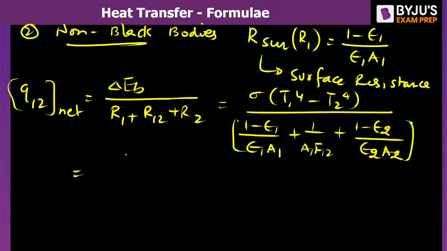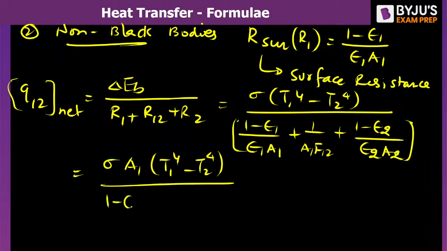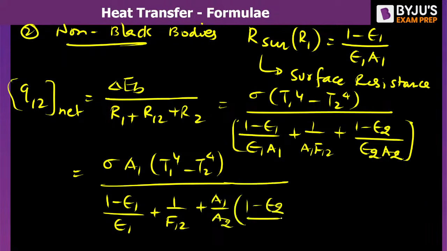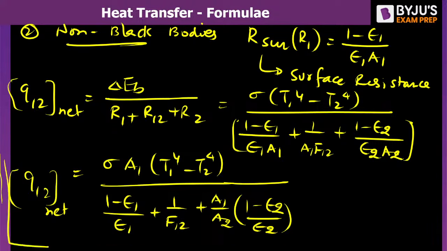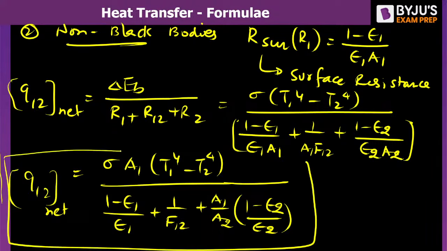Or we can write it as sigma into A1 into T1 to the power 4 minus T2 to the power 4 upon 1 minus epsilon 1 upon epsilon 1 plus 1 upon F1 to 2 plus A1 by A2 into 1 minus epsilon 2 upon epsilon 2. That is Q1 to 2 net. There will be three resistances in series.